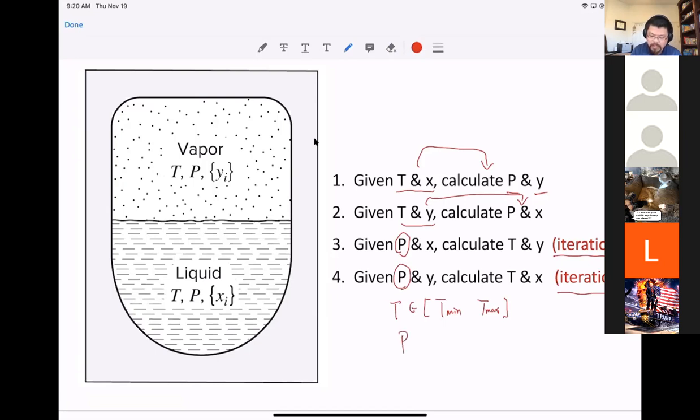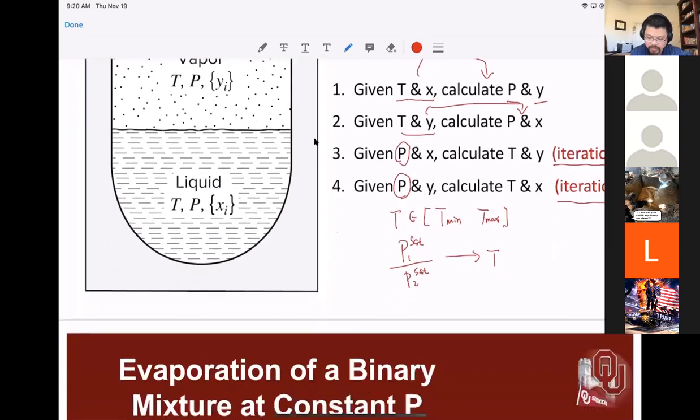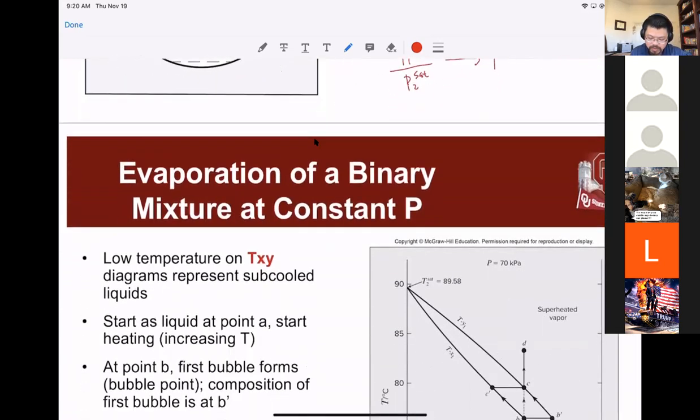Then the other idea is that instead of looking at the saturation pressure from the Antoine equation as their individual values, we need to look for their ratio, right? And then we will try to iterate to figure out the temperature. Once the temperature is known, then the remaining should be straightforward. So that is what we were talking about this Tuesday.